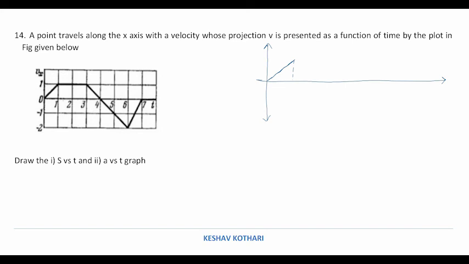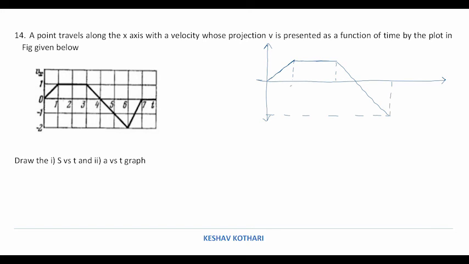From 1 second to 3 seconds, the velocity is constant, and hence we say that acceleration will also become 0. After 3 seconds, the velocity is constantly decreasing, and it reaches minus 2 at 6 seconds. So we say that the acceleration is negative.